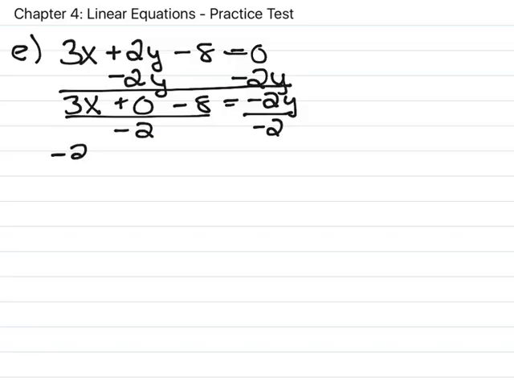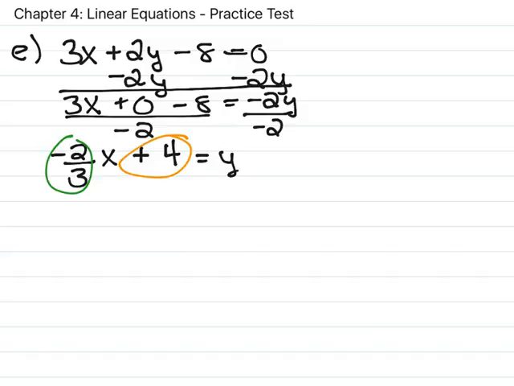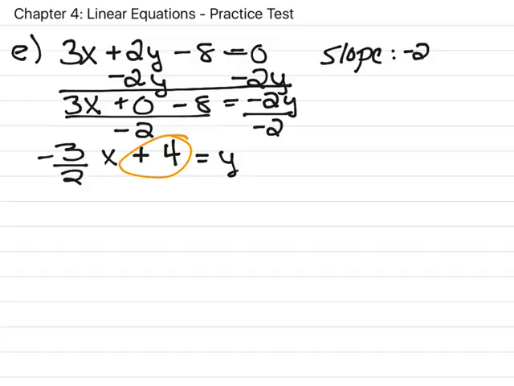So we're going to get negative 2 divided by 3x plus 8 or 4 is equal to y. So again, y-intercept, slope. And it's always important to make sure you do not flip things for no reason. This was supposed to be 3 divided by 2.